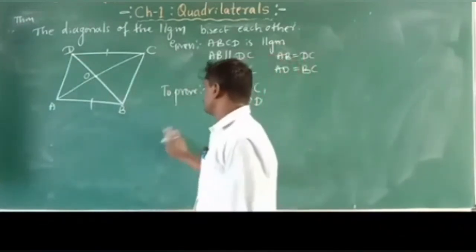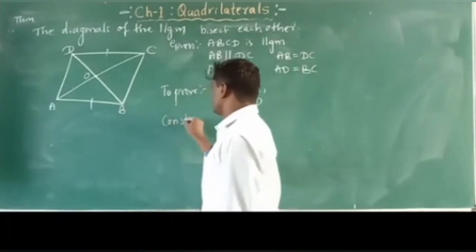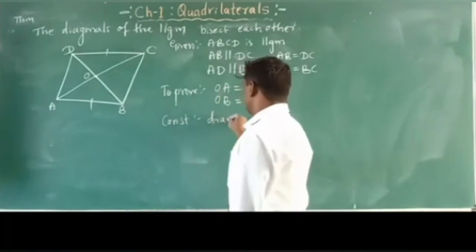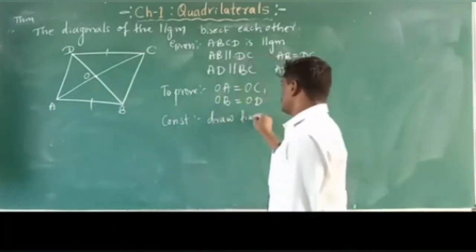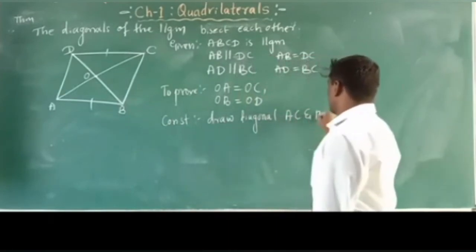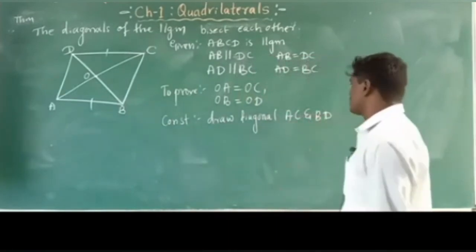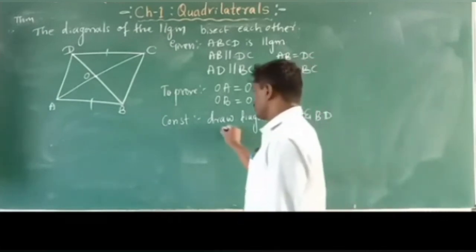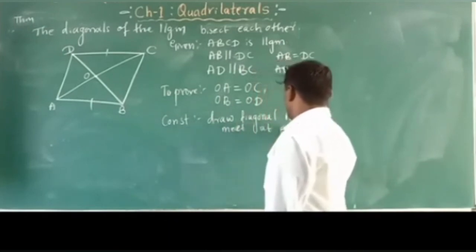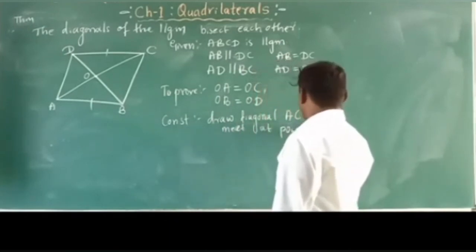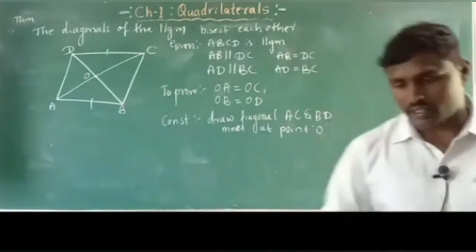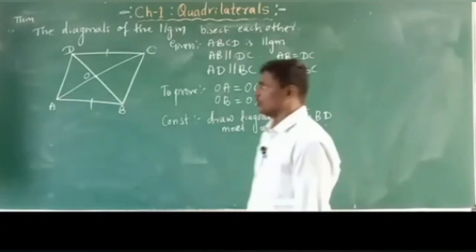Next, construction. Draw diagonals AC and BD meeting at point O, or we can also say the two diagonals intersect at point O.